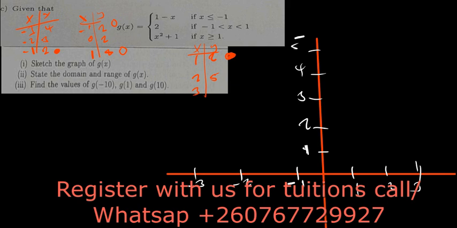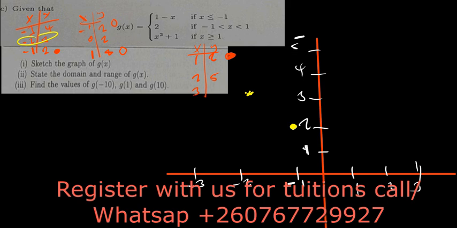So the first one we are starting with negative 1 comma 2. Negative 1 comma 2 is here. Is it included? Yes, it's included. Then negative 2 comma 3 is there.